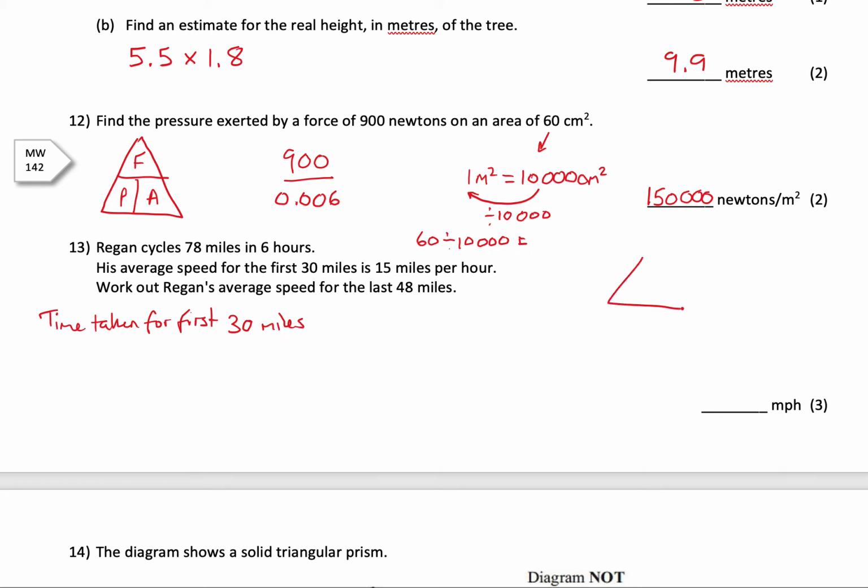and we're going to use here our other formula triangle, compound units, speed equals distance divided by time. Okay, so we want a time, therefore we're going to do distance divided by speed. So 30 divided by 15, that gives us 2 hours, and that was in miles and that was in miles per hour, so we don't have to change any of the units. Now that means that the last 48 miles must have taken the remaining 4 hours.